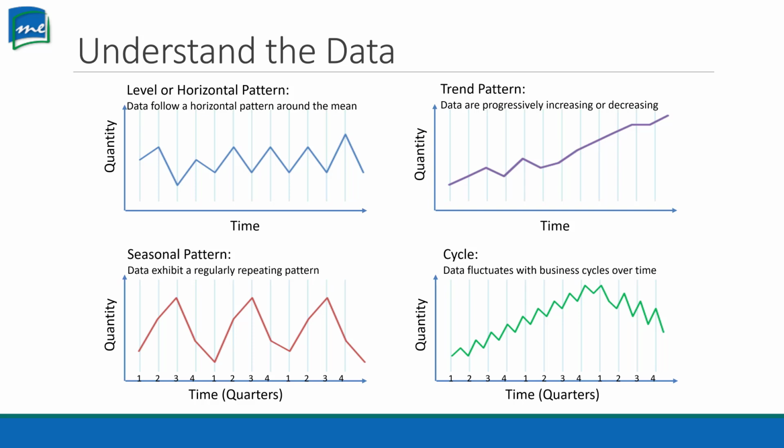But there's another one. If it goes up or down when you're going left to right, it's called a trend. So it's trending up or trending down, increasing or decreasing as you go left to right.